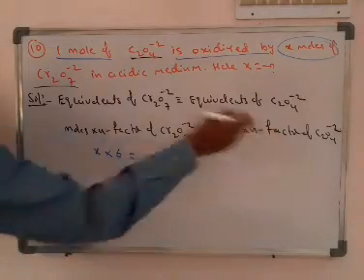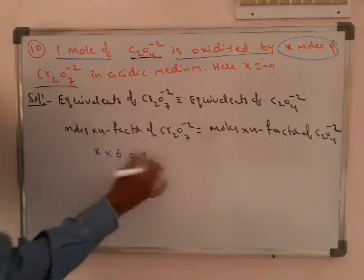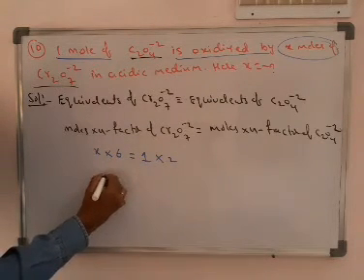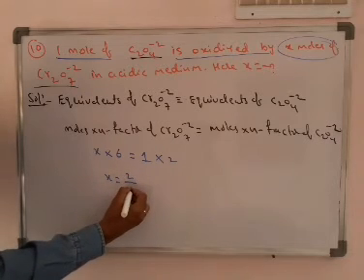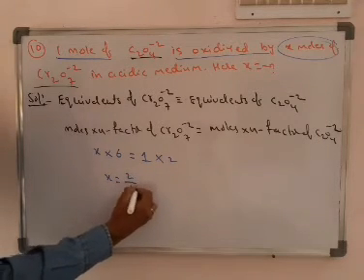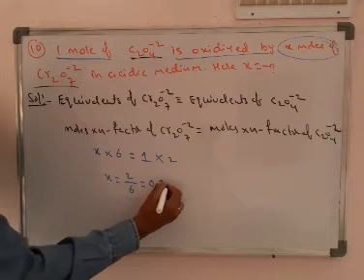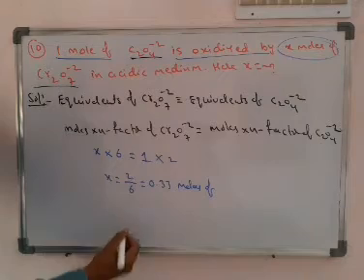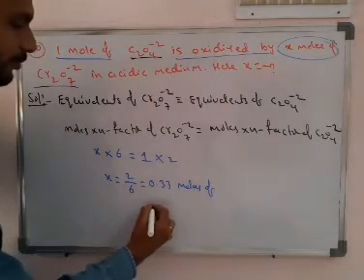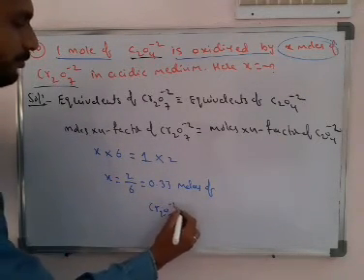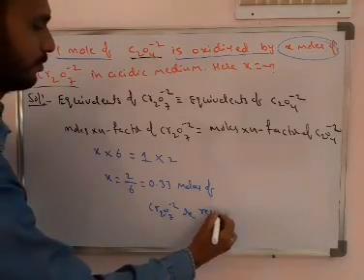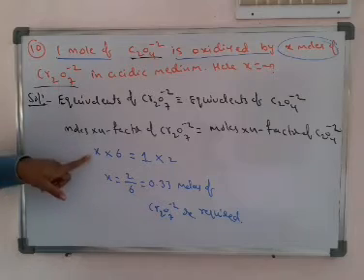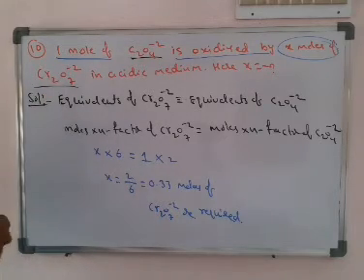What is the moles of C2O4 minus 2? That is 1. We take it in totally opposite. So oxalate N factor is 2. So here X equals 0.33, meaning 0.3 moles of dichromate are required.